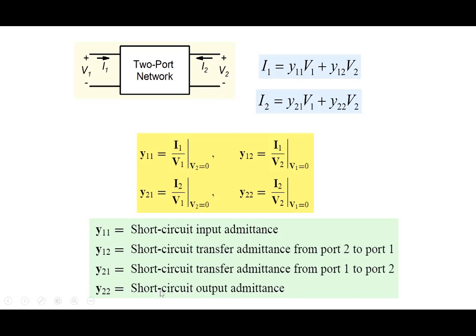Similarly, Y22 we call it short circuit output admittance here. So it's the ratio of output current versus output voltage here. That's why we call it output admittance here, with the input short circuited here. And the remaining two are transfer admittances, the ratio of current on one side, voltage on the other side. So these are transfer admittances here.